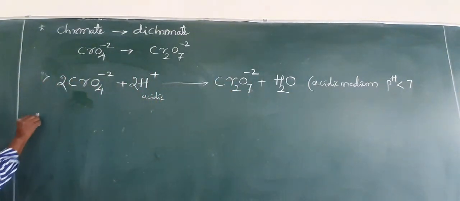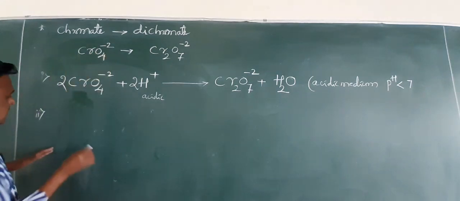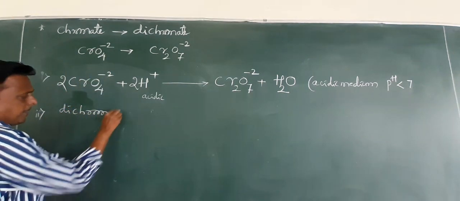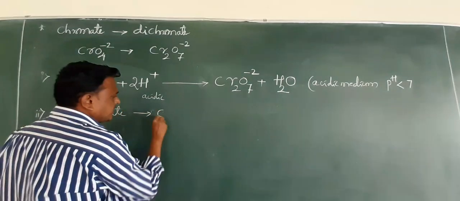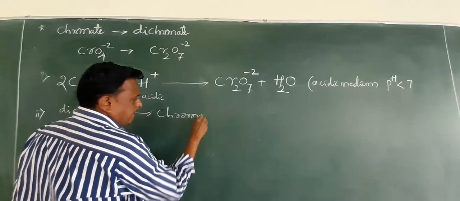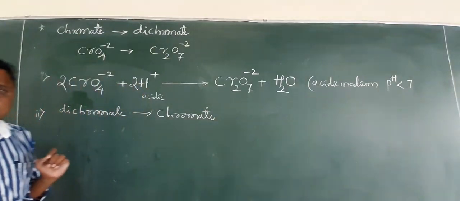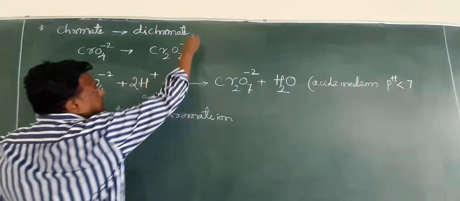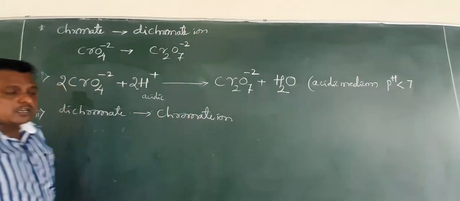Similarly, friends, in the second case, the conversion of dichromate to chromate. Dichromate to chromate, or you can say chromate ion or dichromate ions.